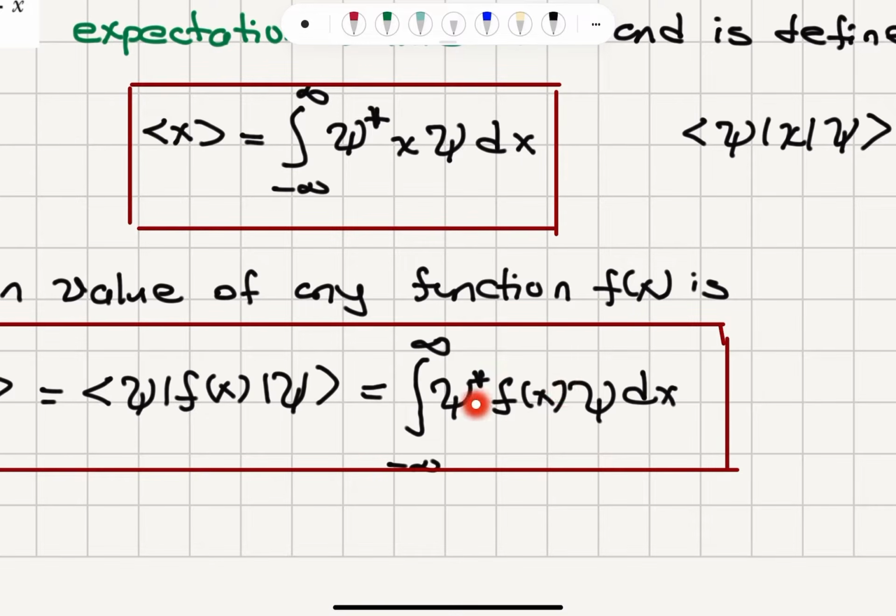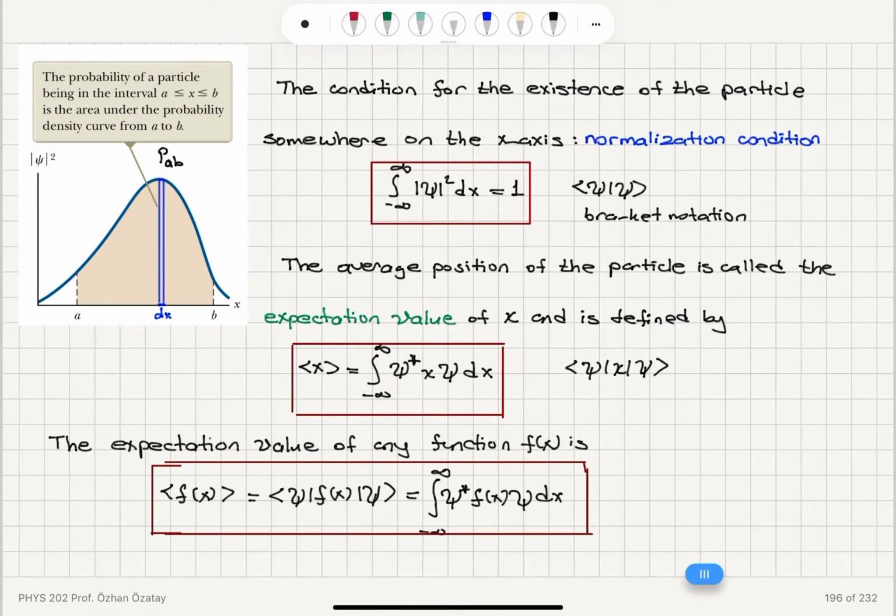So the function is multiplied with the probability density function and integrated over all possible values of x. This is basically the statistical definition of average value. So you take the variable, multiply it by its probability, and integrate over all possible values. That's exactly what we are doing here.